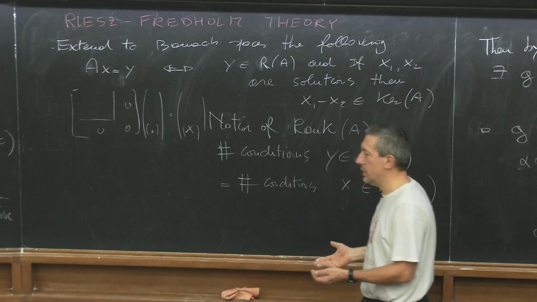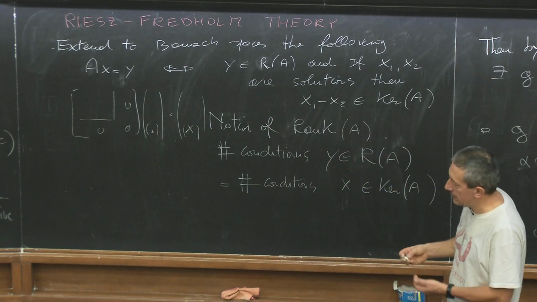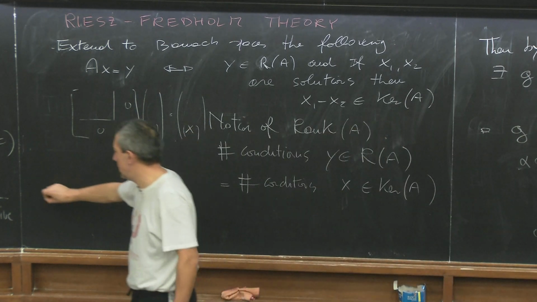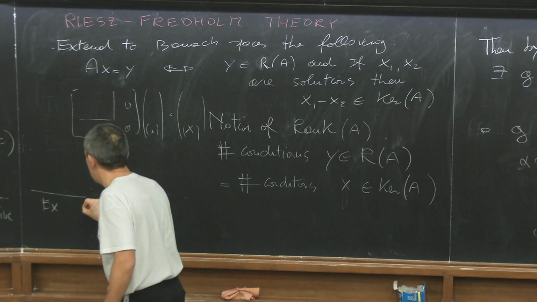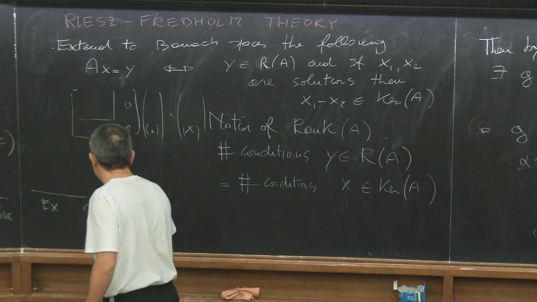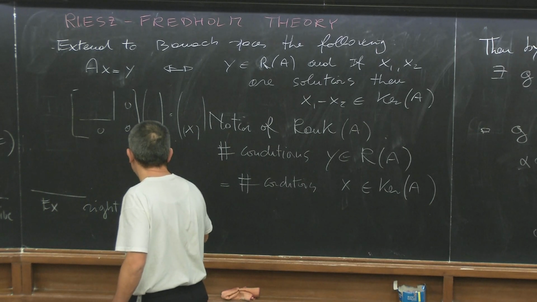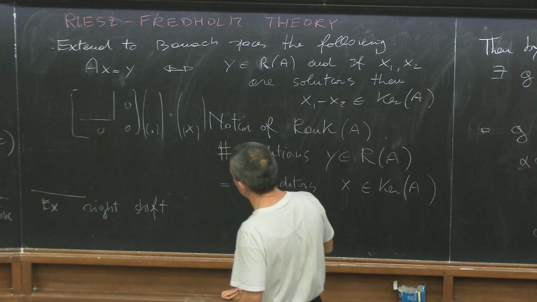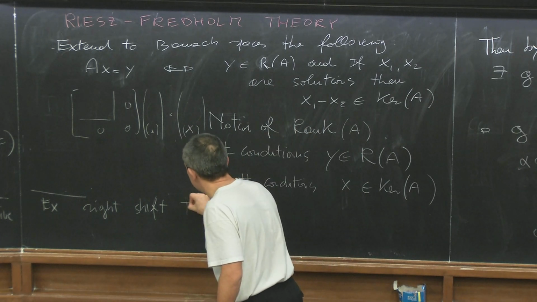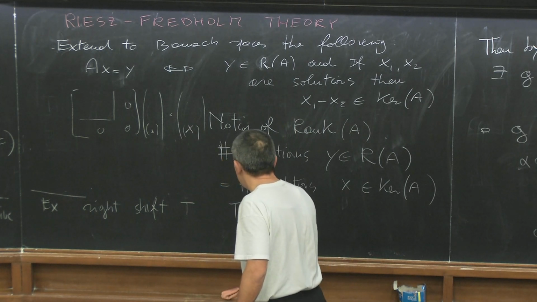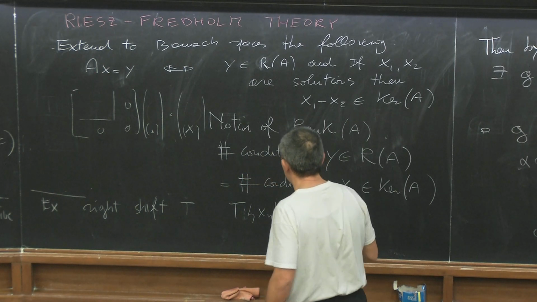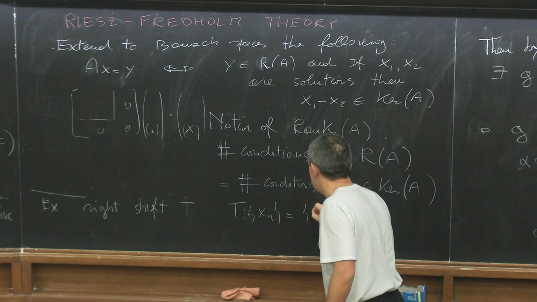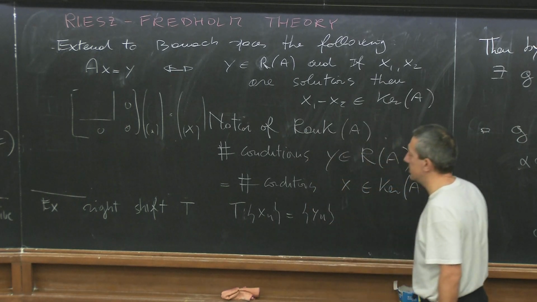So this is not true in general, no? Because, for example, take an example of the right shift. So we want to solve, let's say, Tx = y, where I have a sequence y_n.